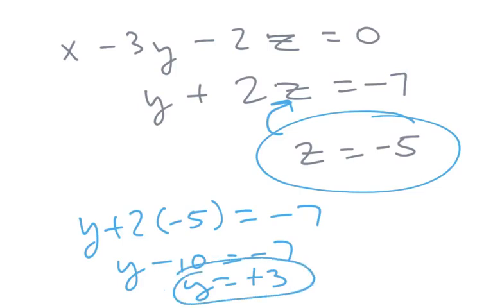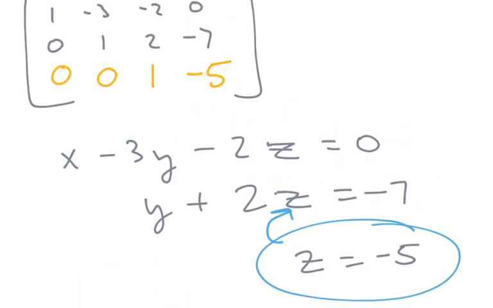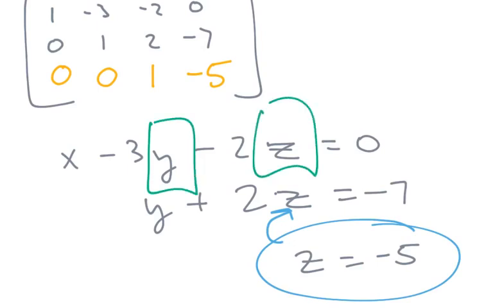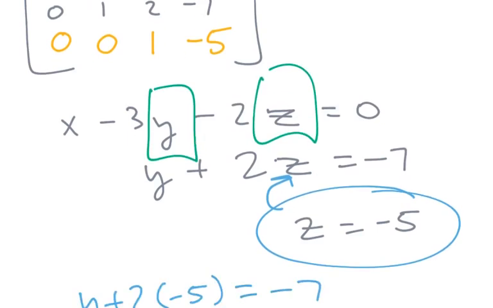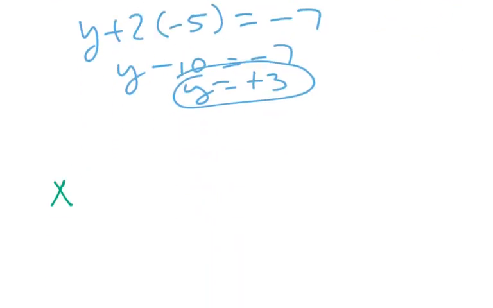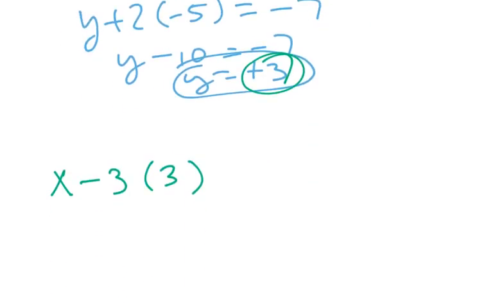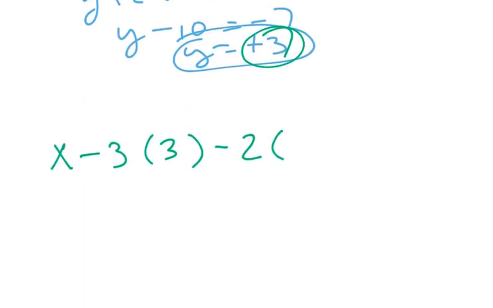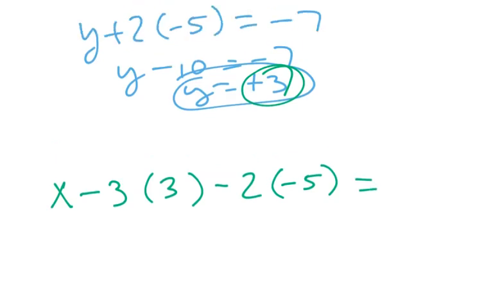Y becomes 3. Okay, so now that I know that y is 3 and z is negative 5, I can plug both of those values in here and here, and I can calculate for x. So this is going to be x minus 3, y is 3, minus 2z with a z value of negative 5.